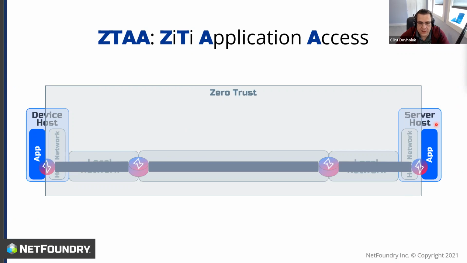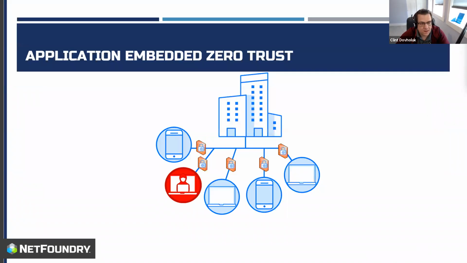You still have a little bit of trust shown because you still have to trust the operating system, right? You'll never get away from trusting the operating system. You'll have to trust just this one application, but all the other applications on that computer are totally irrelevant to your zero trust. And we'll see more about that in a second.